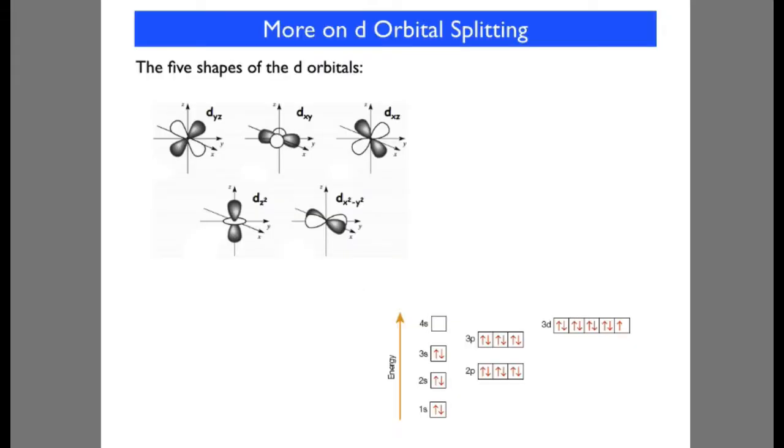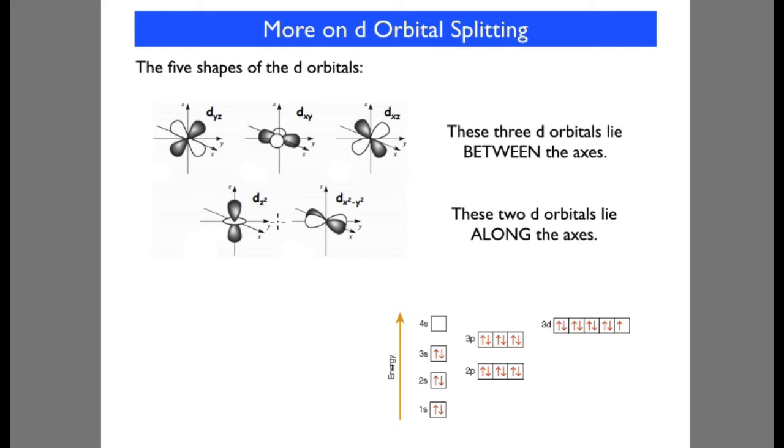If you recall, we've got these 5 shapes to the d orbitals. And these 3 at the top lie between the axes. So you can see that if you've got your axes x, y, z here, the orbitals are between the axes.